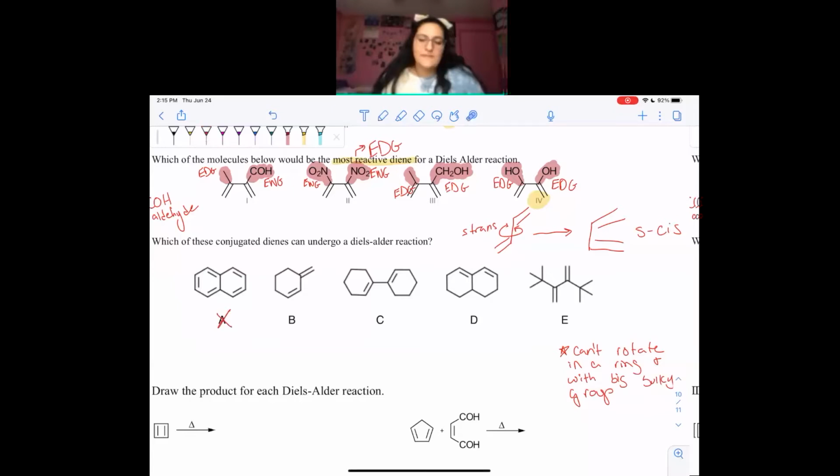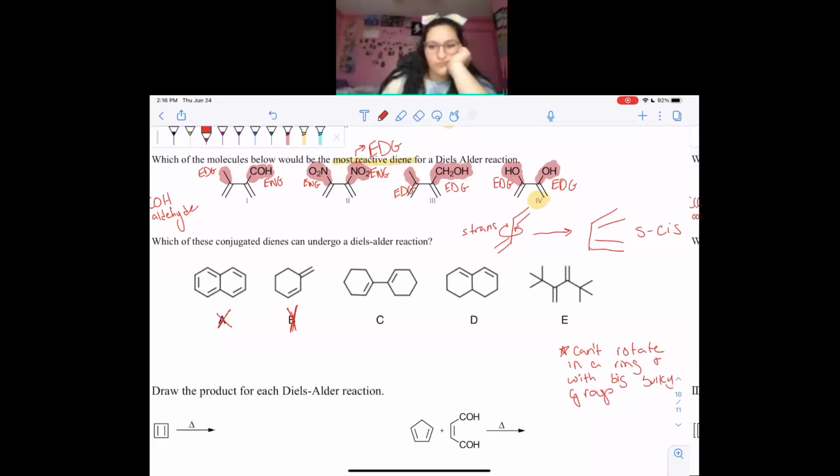For number 2, is this a conjugated diene? Yes. Is it S-cis? No. Cool. Can we rotate it and make it S-cis? No, exactly. So we cannot rotate it, so this cannot undergo a Diels-Alder reaction.